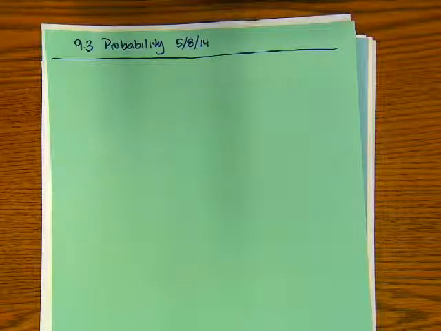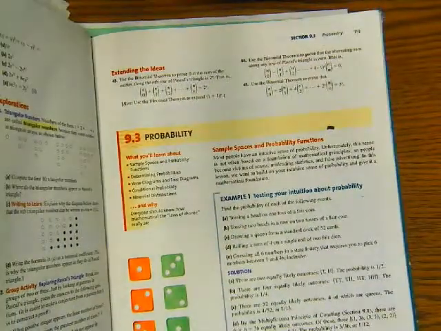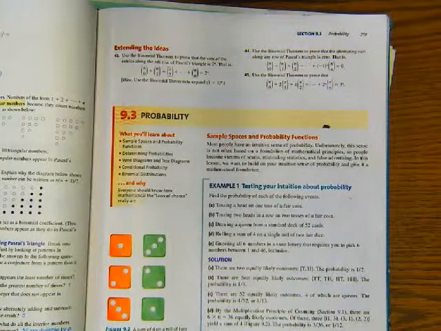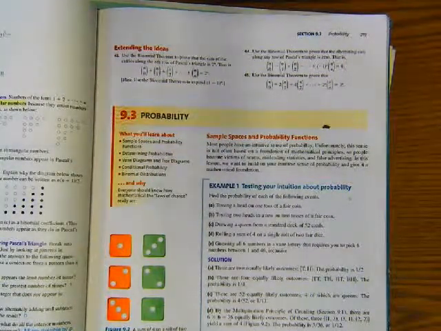Okay. So first of all, let's just talk about in general, if you would look in your book, there is a picture in 9-3 with 2 dice, actually. Let's take a look at that first. Page 719. And so when you're rolling 2 dice, first of all, if we're doing probability, it's really about counting.